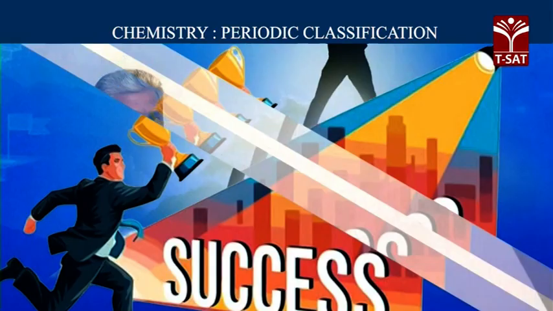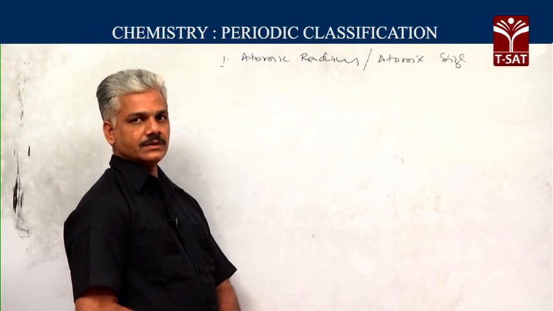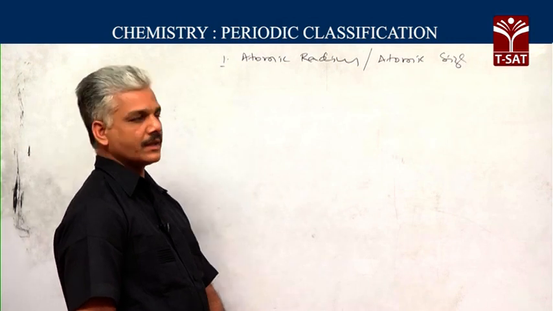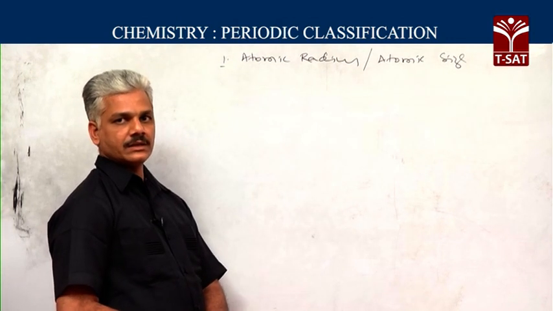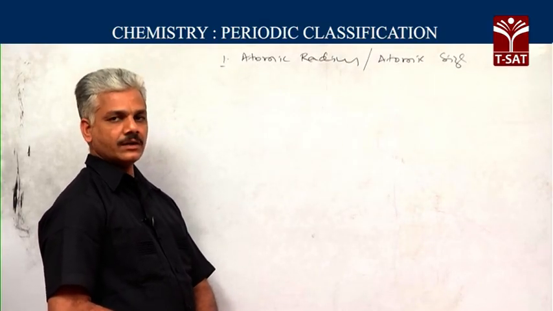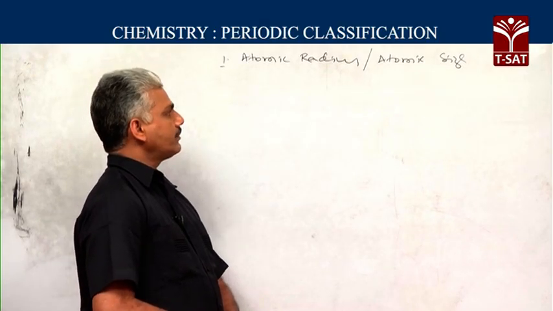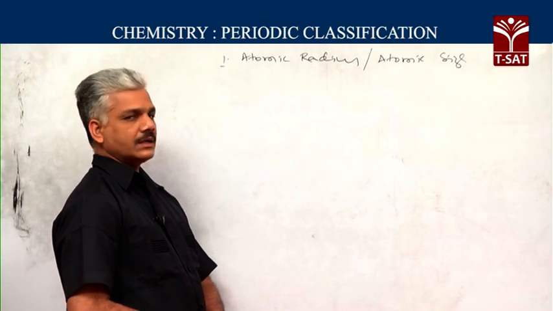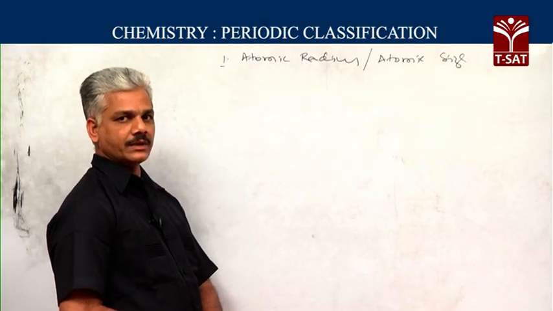Atomic radius is defined as the distance from the center of the nucleus to the outermost orbit. Outermost orbit means wherever the last electron is present in the atom, that will be taken as the outermost orbit. So, atomic radius depends on the nuclear charge as well as the number of orbits.